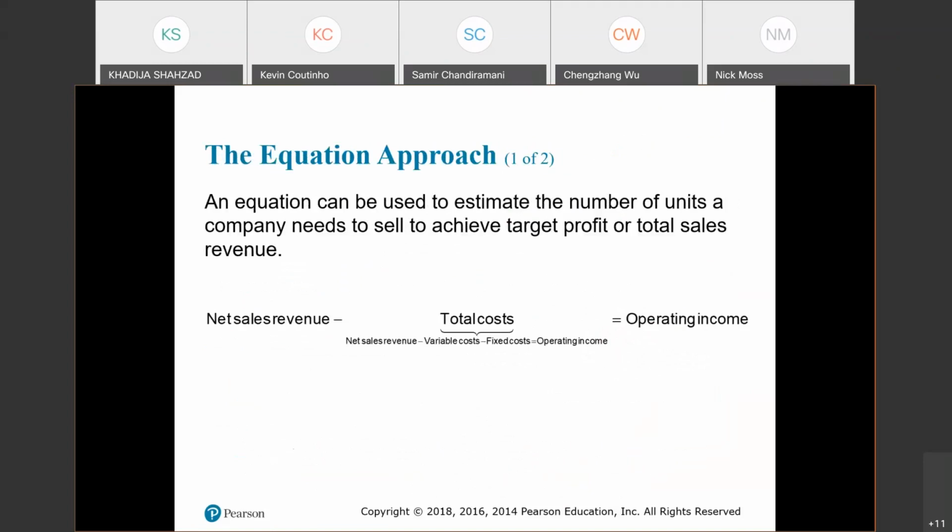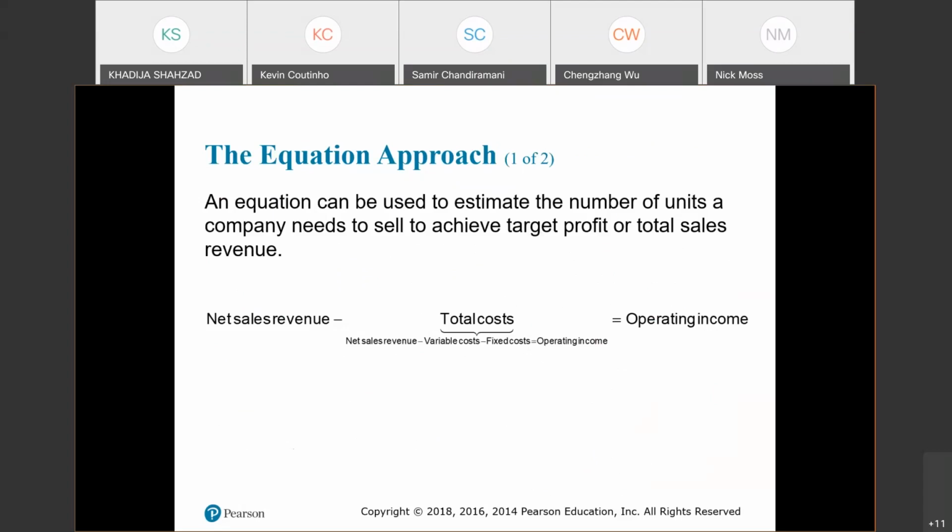An equation can be used to estimate the number of units a company needs to sell to achieve the target profits or total sales revenue. The equation is right here.